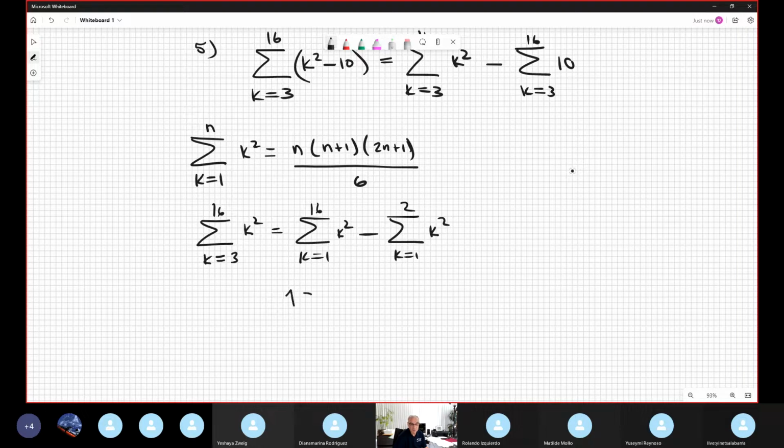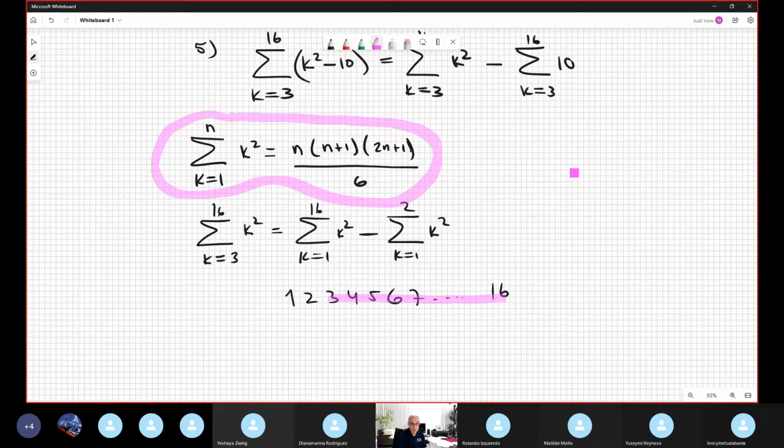Suppose we have 1, 2, 3, 4, 5, 6, 7, until 16. I need to compute this, but I have no formula for this. I have the formula to compute the summation starting at 1.